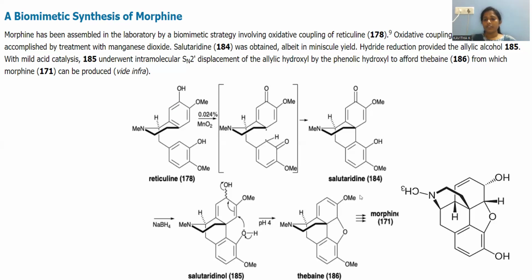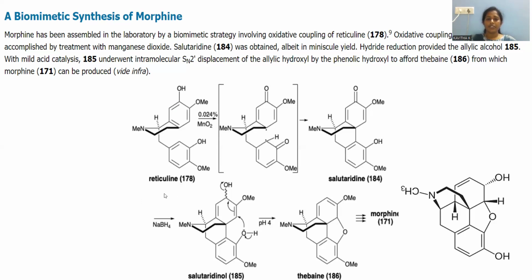How can we convert it? Here two methoxy groups are located. These two methoxy groups get transformed into hydroxy by means of acid catalyzed hydrolysis. Methoxy can be converted into hydroxy by the acid catalyzed hydrolysis process, so that this molecule called morphine will be obtained. This is the way the entire biomimetic synthesis of morphine is possible, with very simple steps.